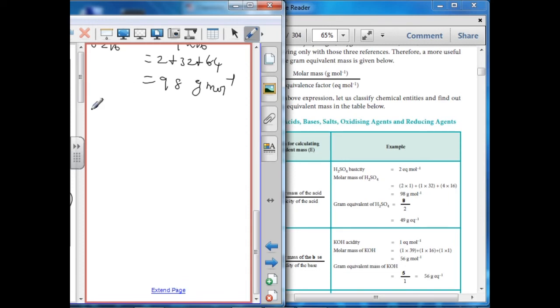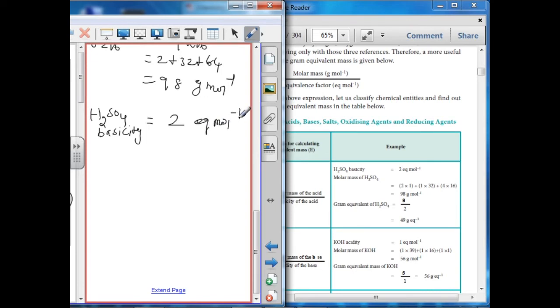Next, basicity of sulfuric acid. See, sulfuric acid contains 2 hydrogen atoms. What is basicity? A replaceable hydrogen from the acid. So, the basicity of sulfuric acid is 2 equivalent mole inverse.